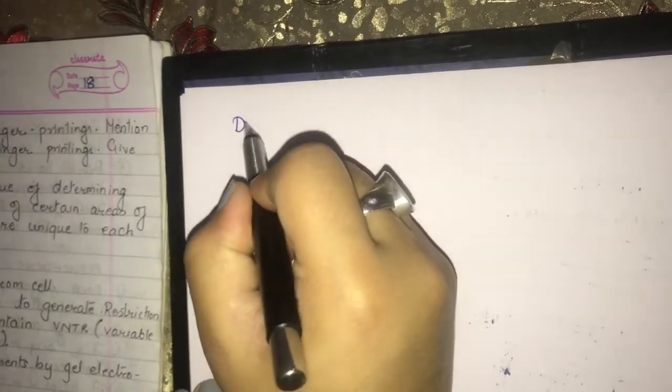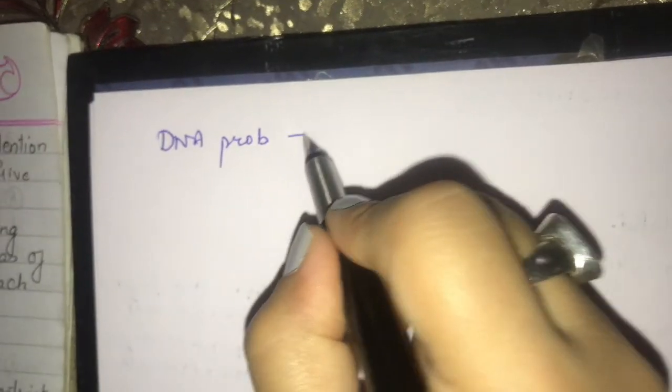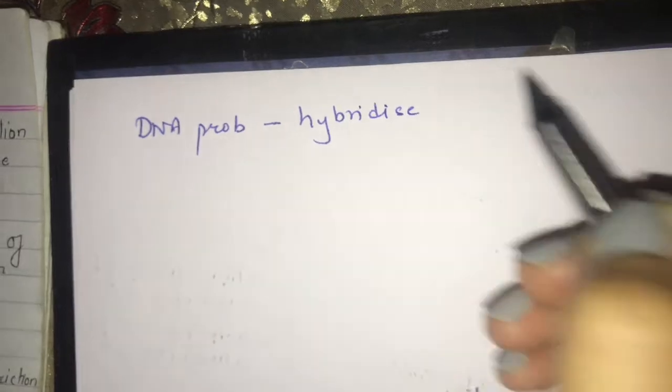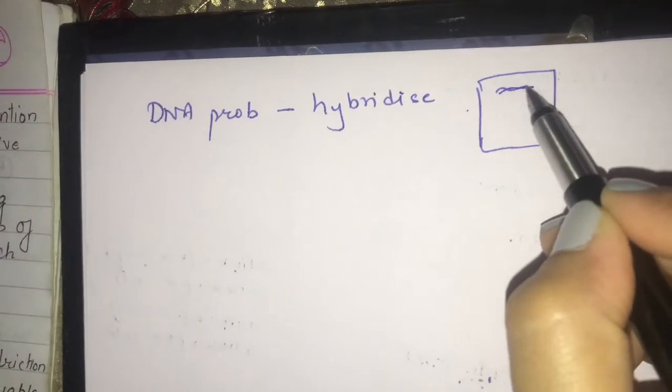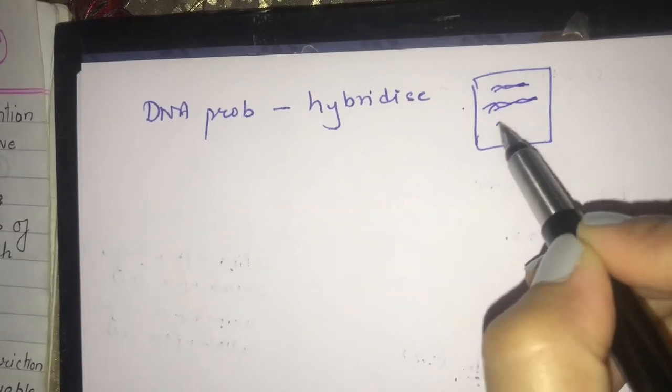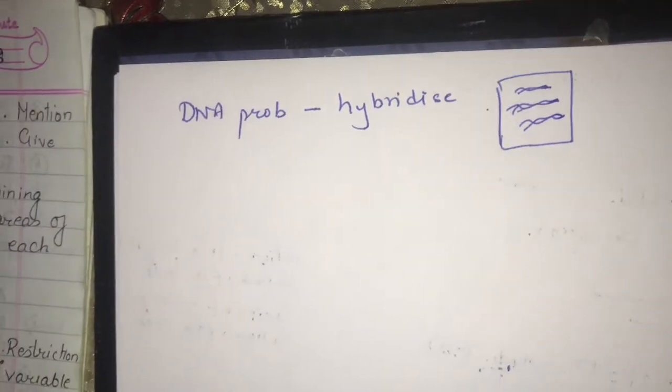All right. Now, the radio labeled probe is allowed to hybridize with DNA fixed in the nitrocellulose membrane through the VNTR locus. So, the DNA probe is allowed to hybridize with the DNA already present in that nitrocellulose paper.